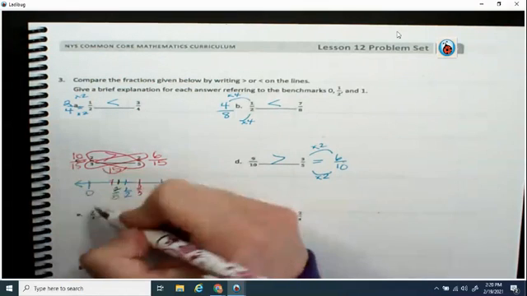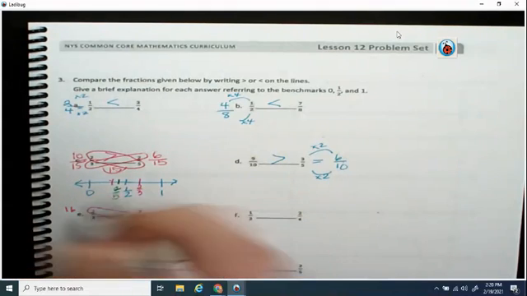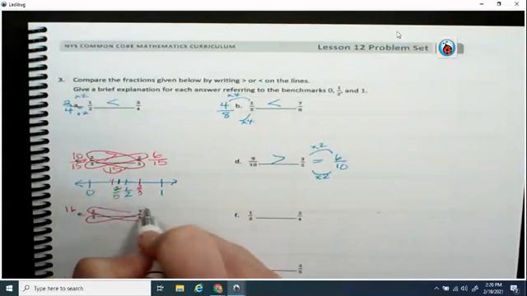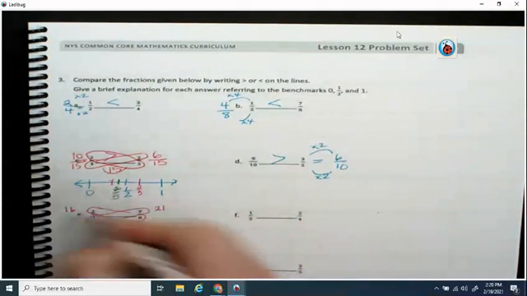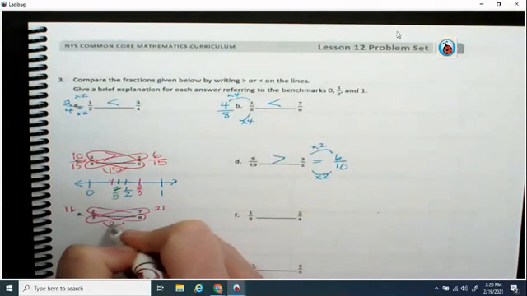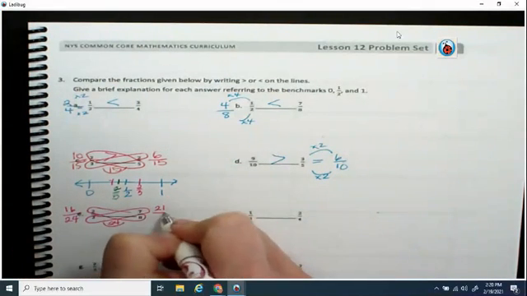So for this one, I'm going to do the butterfly. 2 times 8 is 16. 3 times 7 is 21. Okay, and then 3 times 8 is 24, right? So this is 16/24ths, 21/24ths.